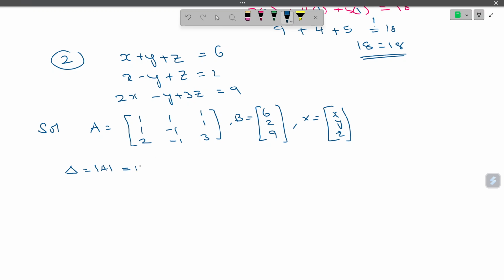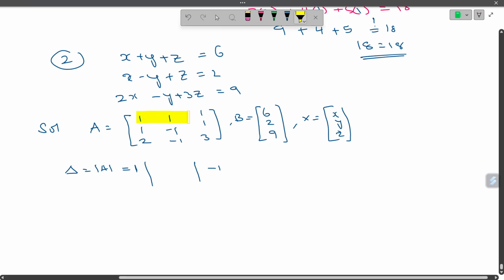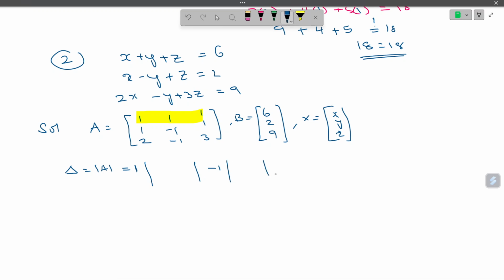Expanding by R1. You see, some teachers, to make the concept clear, write like this. R1, this is the first row, expanding by R1. First row, first column, if you leave it, what is left?